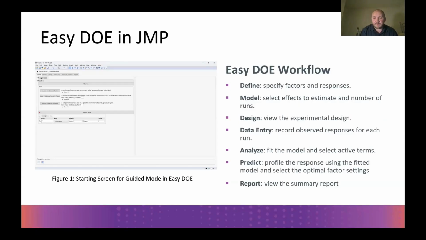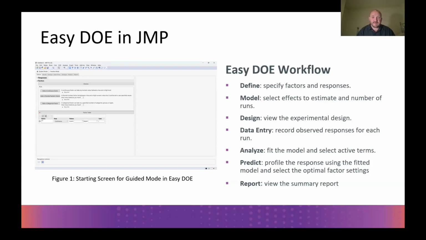After selecting a model, they design an experiment for their model. Once they design that experiment, they can go and run the experiment and then input the data they collected into the data entry tab. Then, once they have their data collected, they can analyze the data and fit the model.